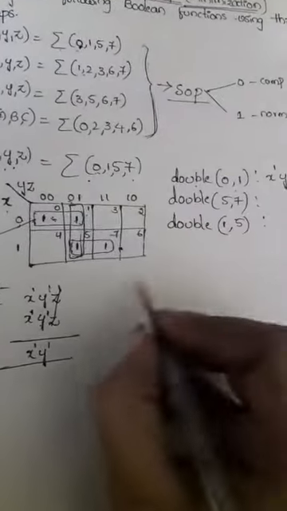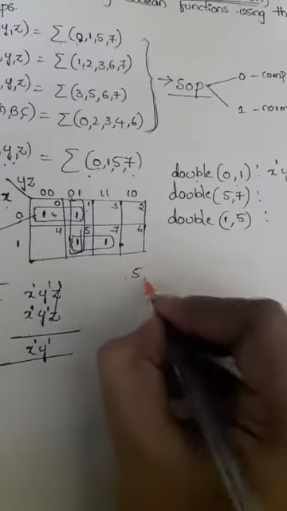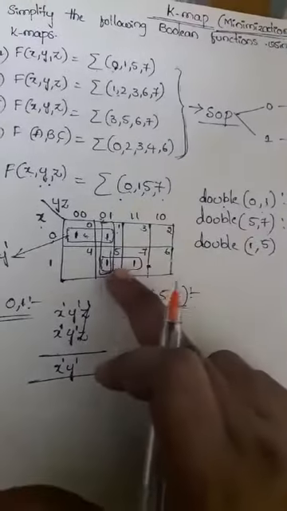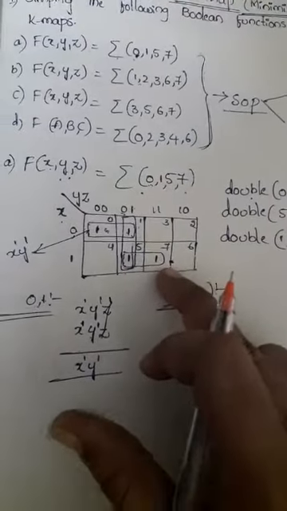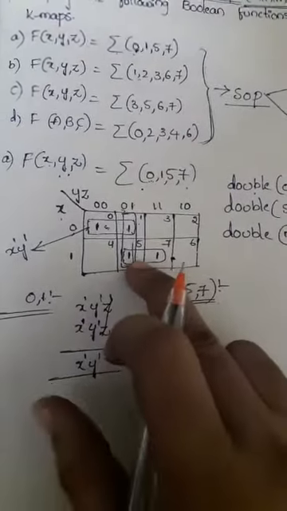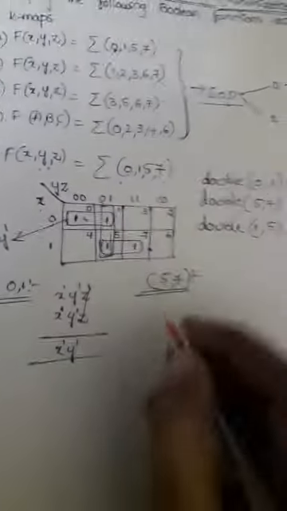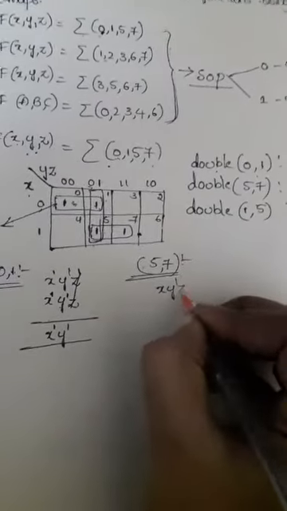The next double is 5 and 7. So we'll go for the 5 7 group, that is two cells. For the 5 the possibility is x is 1, y is 0 and z is 1, so we get x, y complement, z.